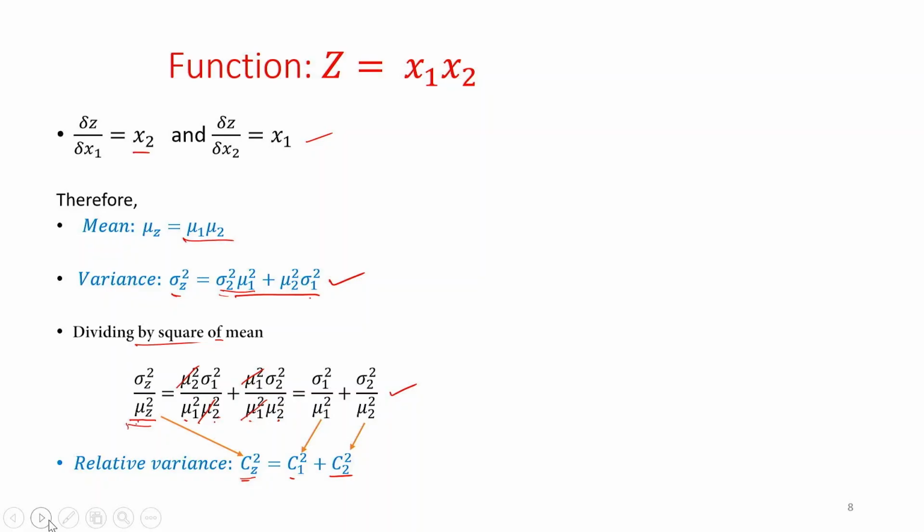This particular formula or theory, whatever you say, can be used in many situations in textiles, where a variable is connected to some other independent variables. As I said, CSP is connected to count and strength.